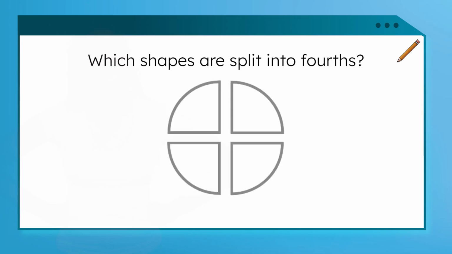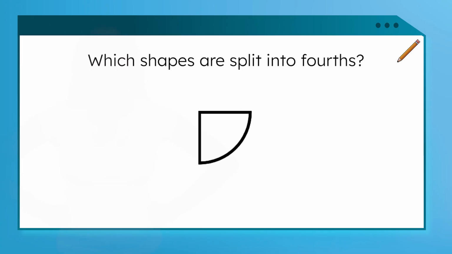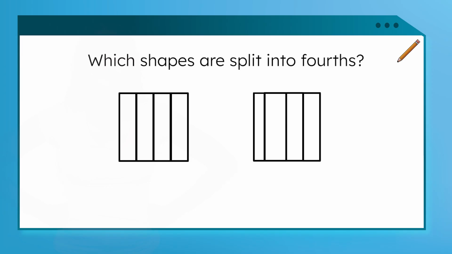What about example B? All 4 pieces look like they're the same size. If we stack the pieces, they would match up perfectly. So example B is correctly cut into fourths. Now we have examples C and D. They look similar to each other, but only one of them shows equal shares. Which one has 4 pieces that are exactly the same size?